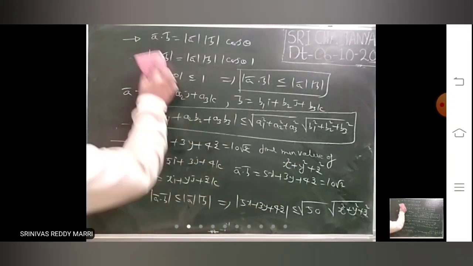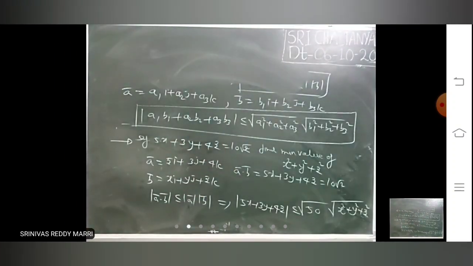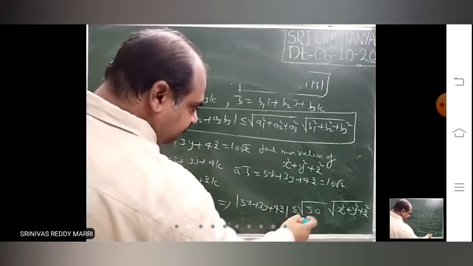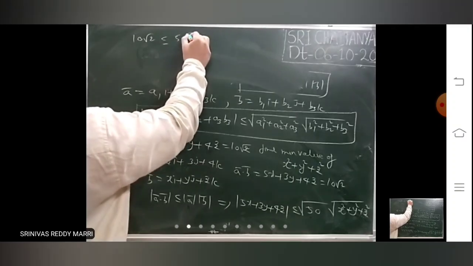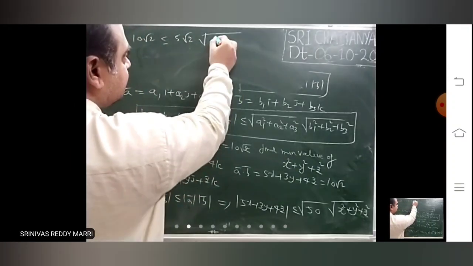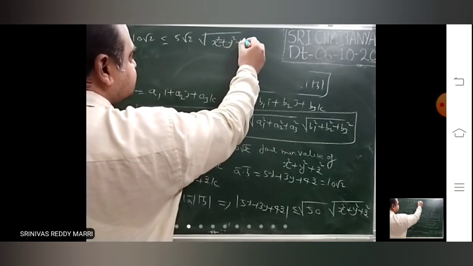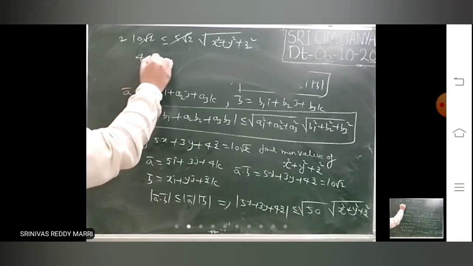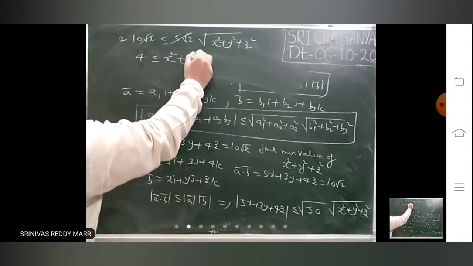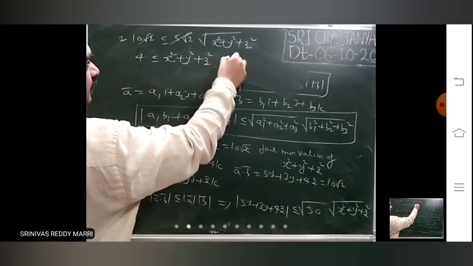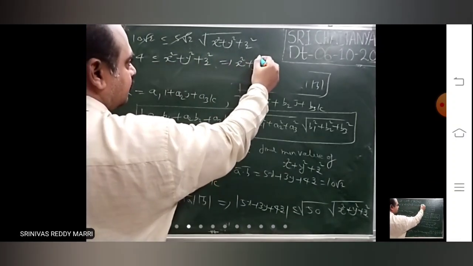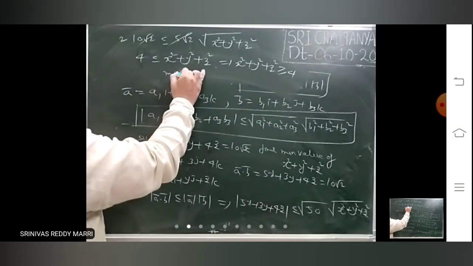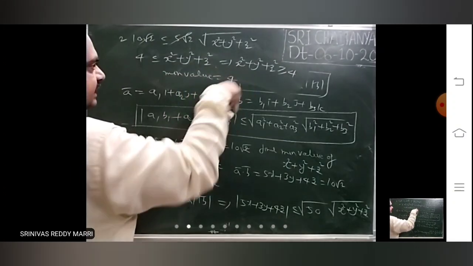This value is 10 root 2, less than or equal to 5 root 2 into root of x square plus y square plus z square. Squaring on both sides, the minimum value is nothing but 4.